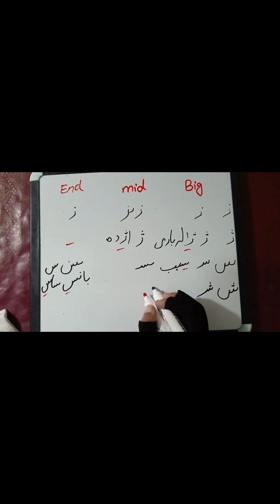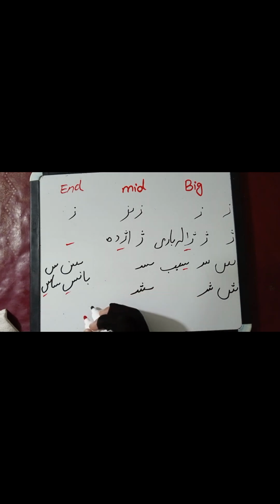Sheen, the same beginning shape and same middle shape with two connectors and same ending shape, sometimes with connector and sometimes without connector.